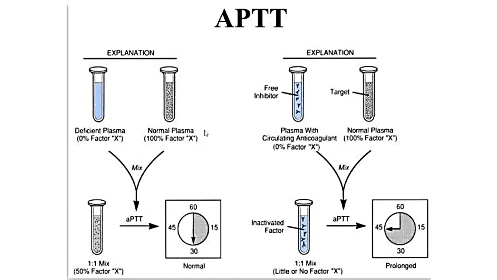Ano ang result, ang APTT result sa normal plasma? Normal, right? So in this case, one of the plasma samples is deficient, may prolonged APTT, which means pwede nga may deficiency sa isa ka clotting factor.